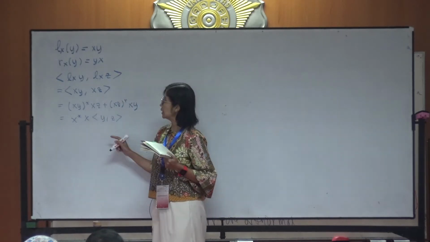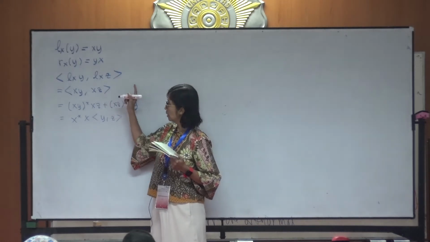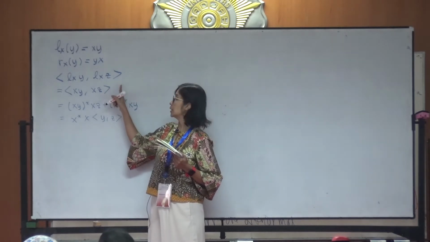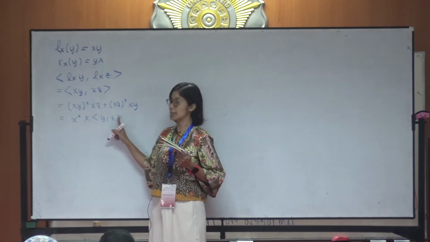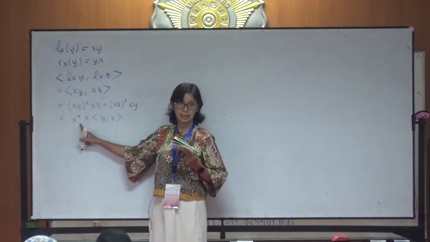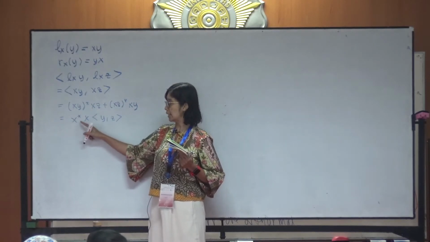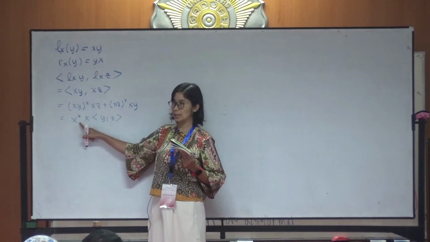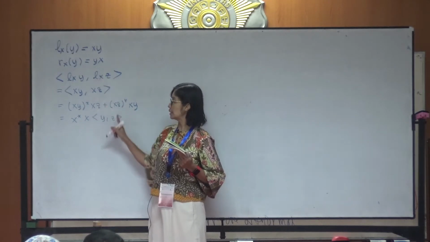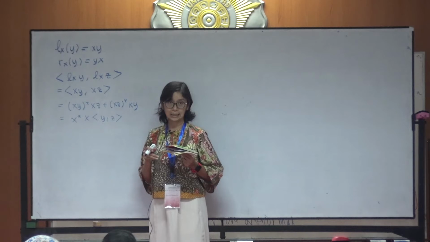So it's easy to see that if L_x is orthogonal, meaning it preserves the inner product, then this x star x should be 1, and it means n(x) equals 1. And on the contrary, if n(x) equals 1, then this is 1, and then the inner product is preserved. In the same way, we also have it for R_x.